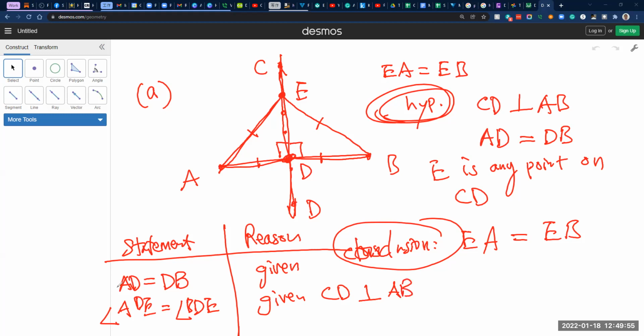So we have one side congruent, we have this angle congruent, and ED has to be equal to itself. So ED is congruent to ED itself.